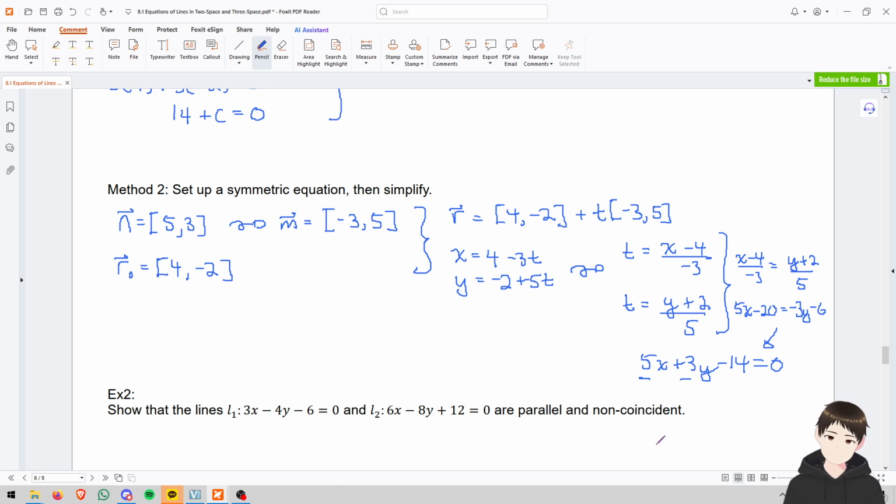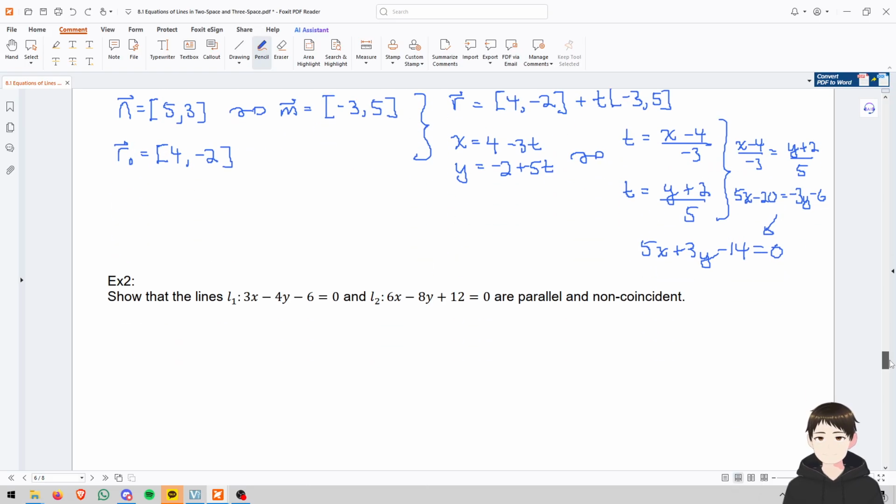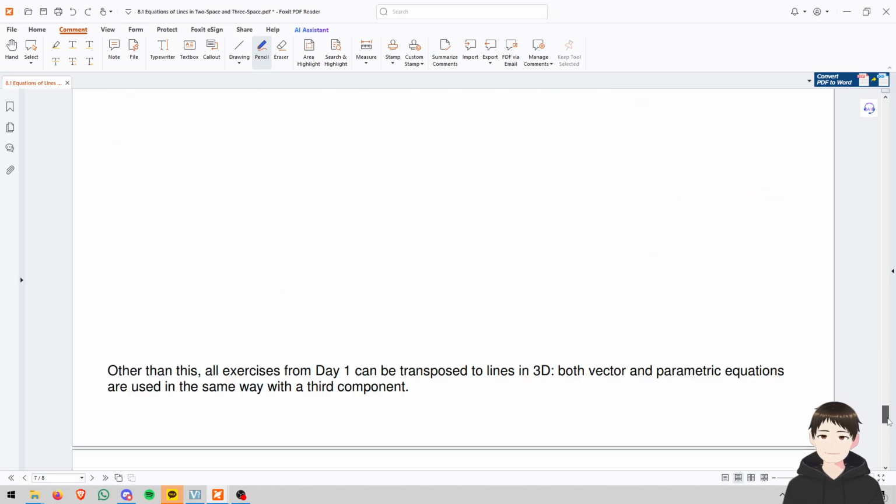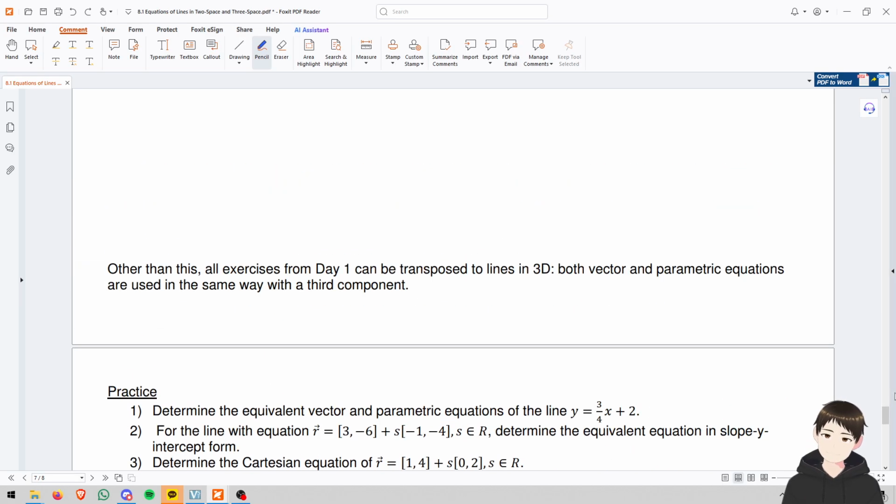I'll ask this: if I had x, y, and z, what's the normal of a line in 3D? If I have some line going through it in 3D, what's my normal?